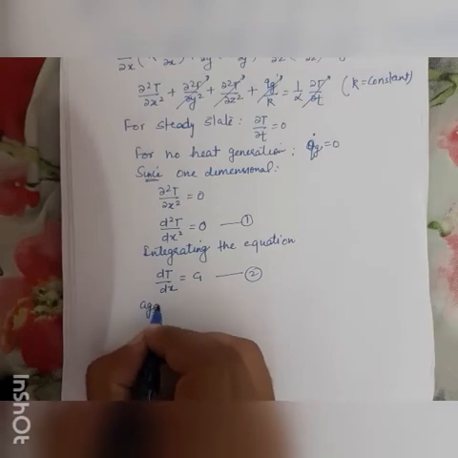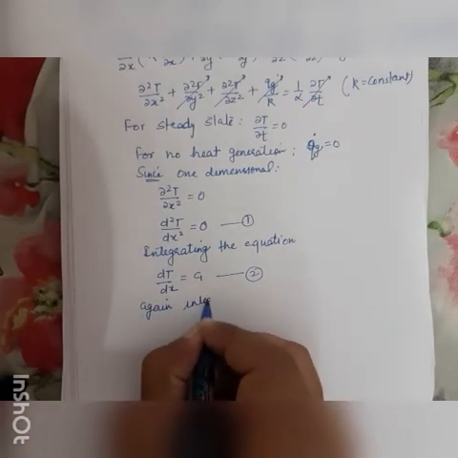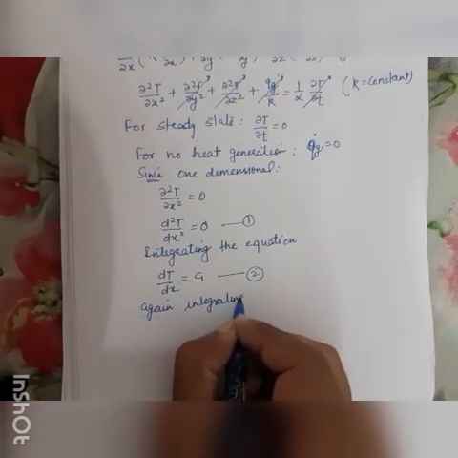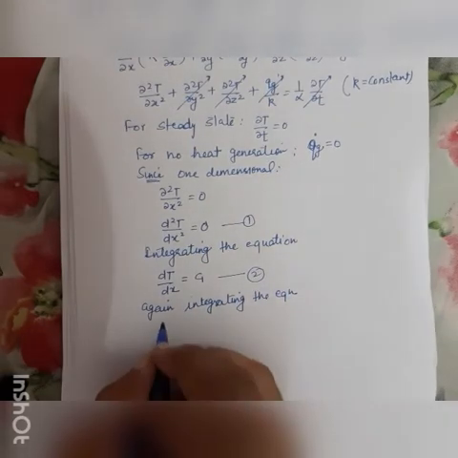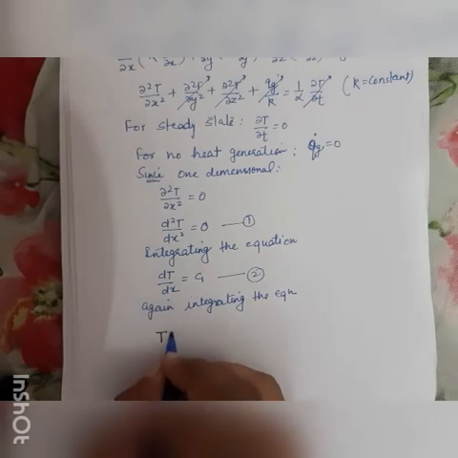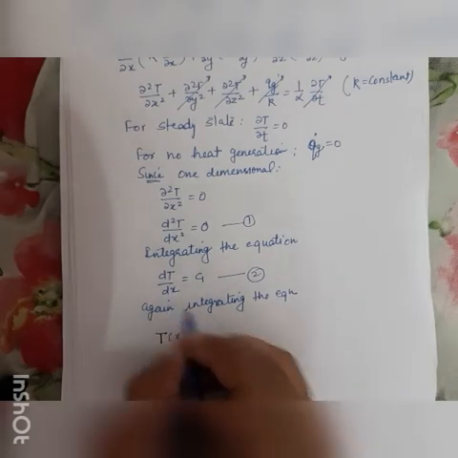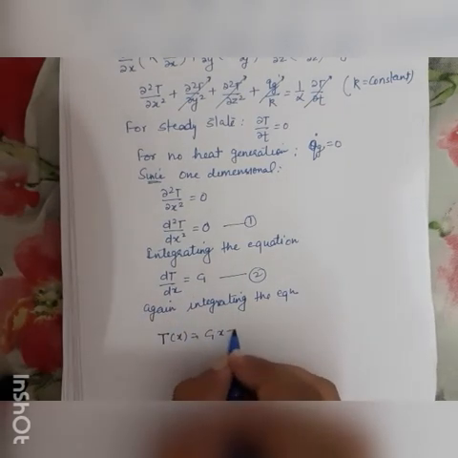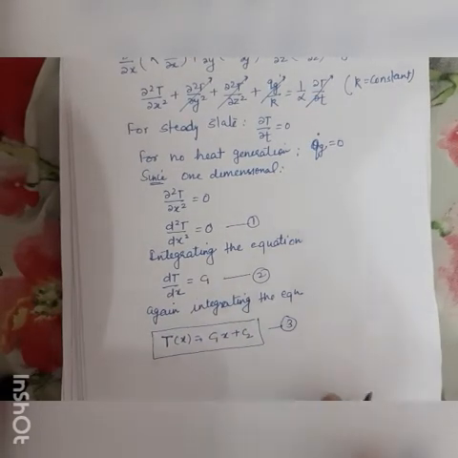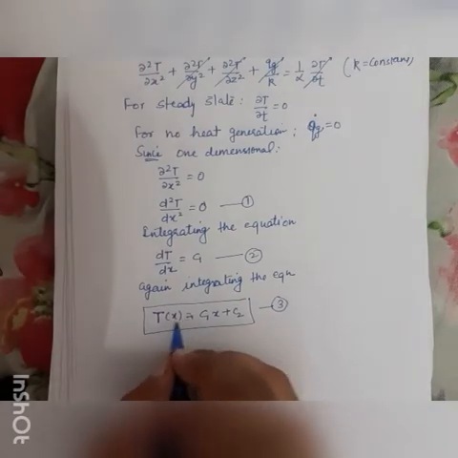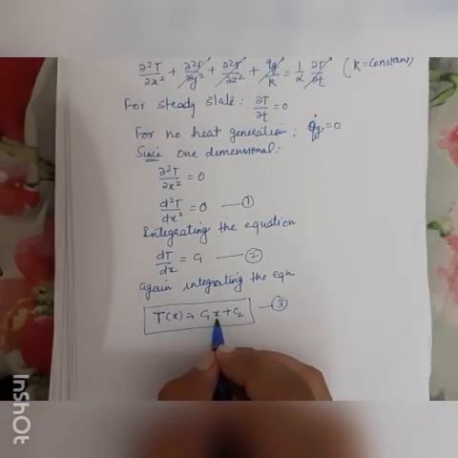Again integrating the equation, we will get T as a function of x equals C1x plus C2. This is equation number 3. Now, this equation clearly indicates that temperature is a linear function of x.